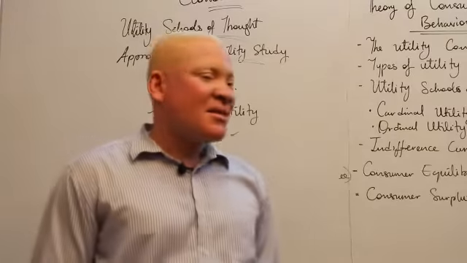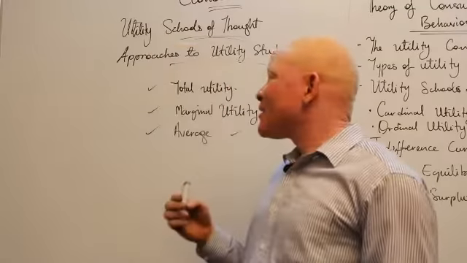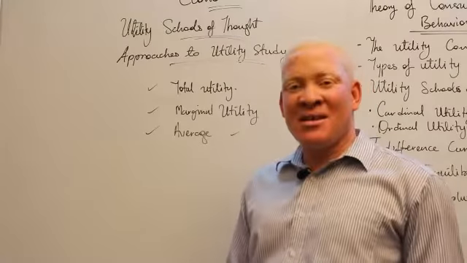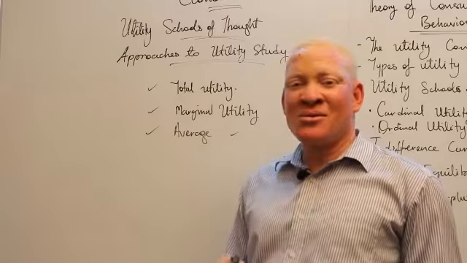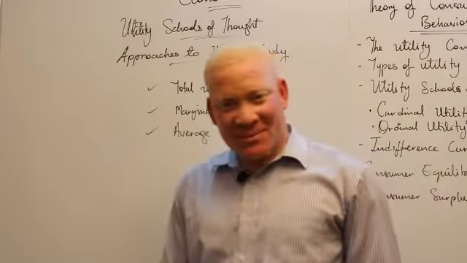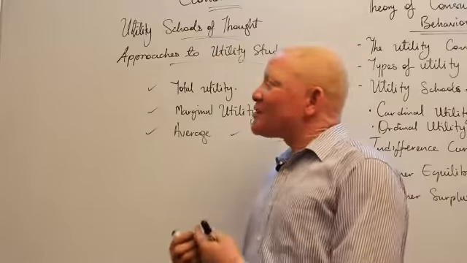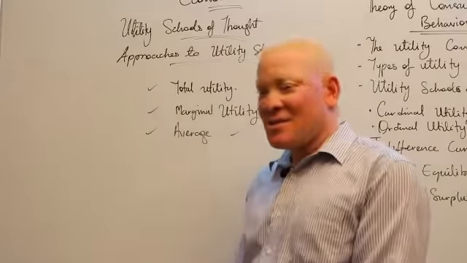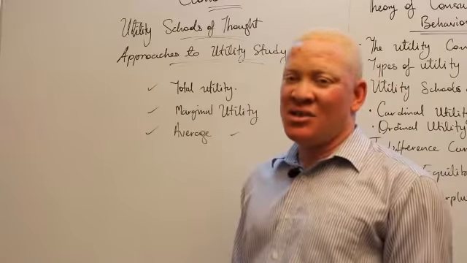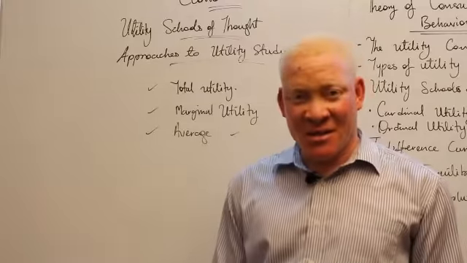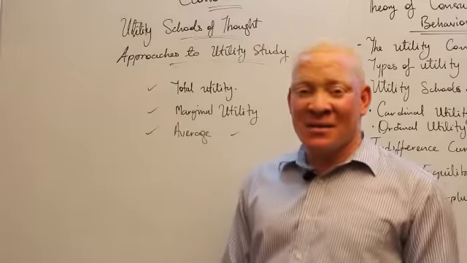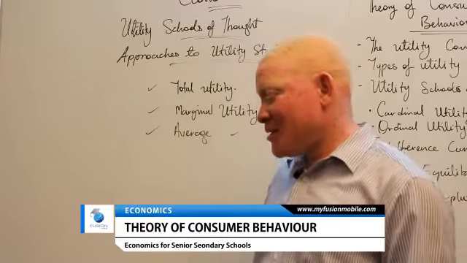Total utility here is the whole satisfaction derived from consuming a given quantity, the whole quantity, pardon me, of a commodity. If you consume 5 units, and each of them has 20 utils, that means your total utility will be 100, because you have to add. Remember, we said one of the assumptions is that total utility is additive.